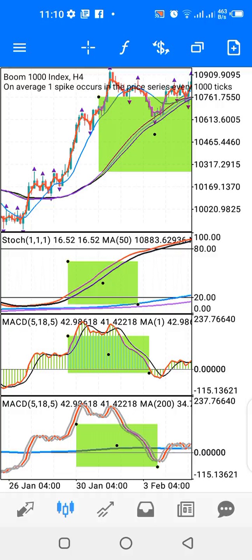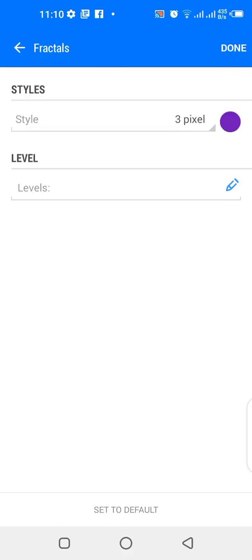Now the settings on the main window, let's go to settings. I have fractals. Fractals is for identifying the point of price rejection. If the fractal arrow points upwards, that means price will go down.